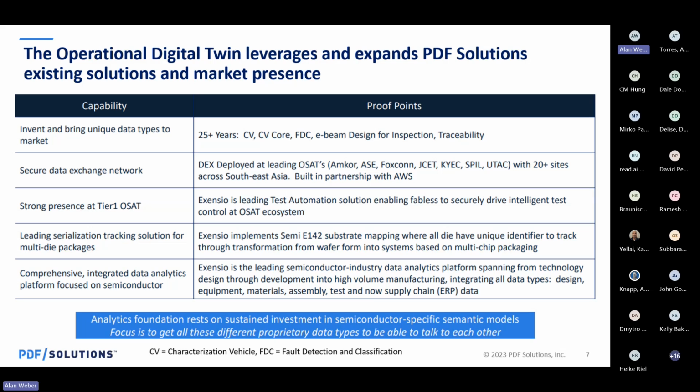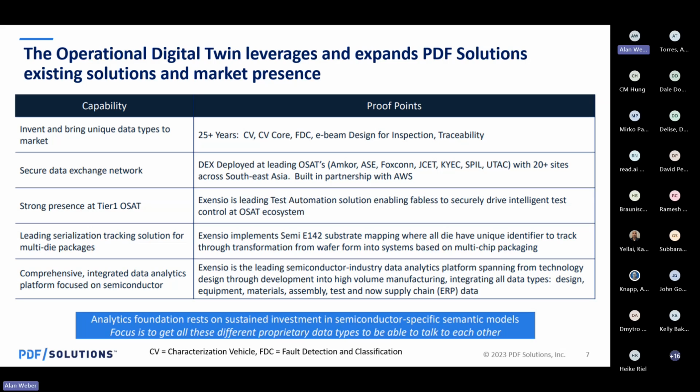The principles in that organization have been key in evolving the E142, which started as a wafer mapping standard to tell you where the good die and the bad die were, into a whole data structure and ecosystem for tracing exactly where a device is, and when it leaves a wafer, it goes into a lead frame, goes into a package, and then into a system. So the E142 is the data structure that supports that kind of traceability.